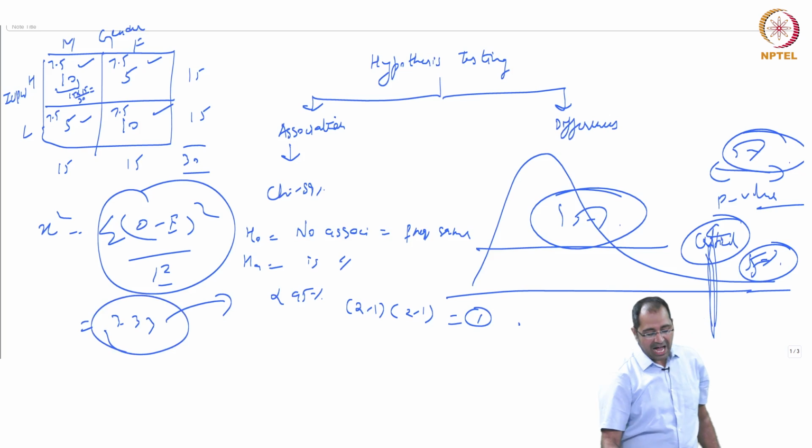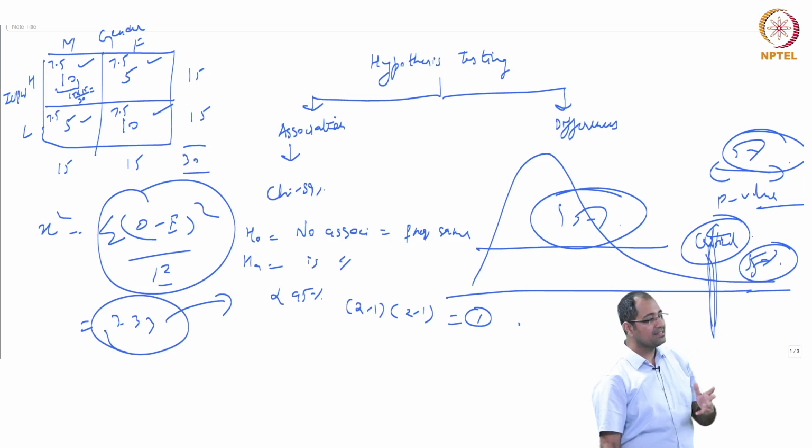Now how high is too high that we reject the null hypothesis? That is the critical value, which decides if the value is larger than this critical value.